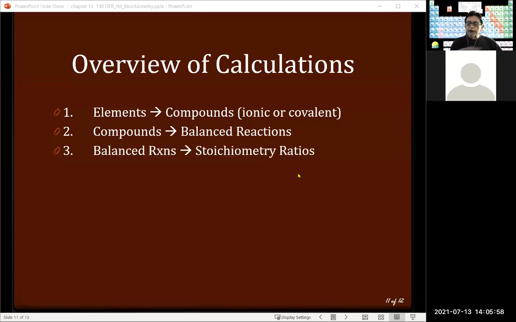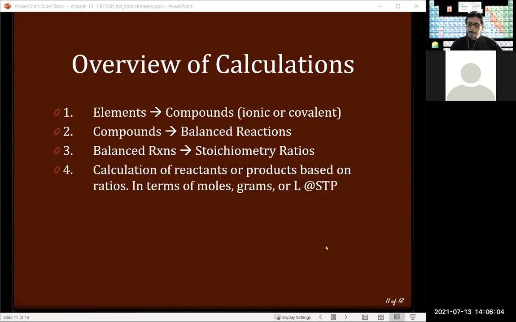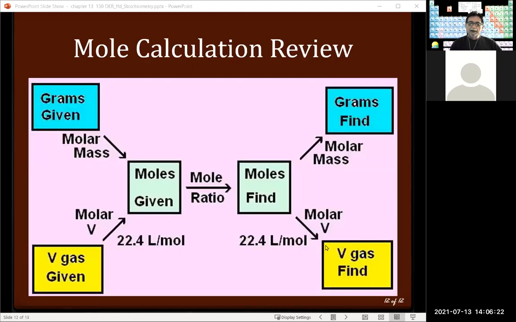From these balanced reactions, we have stoichiometric ratios that we can utilize to do calculations of reactants or products based on these ratios. And we can calculate the answer in terms of either moles, grams, or liters of gas if we are at STP. And this flow chart is very important.